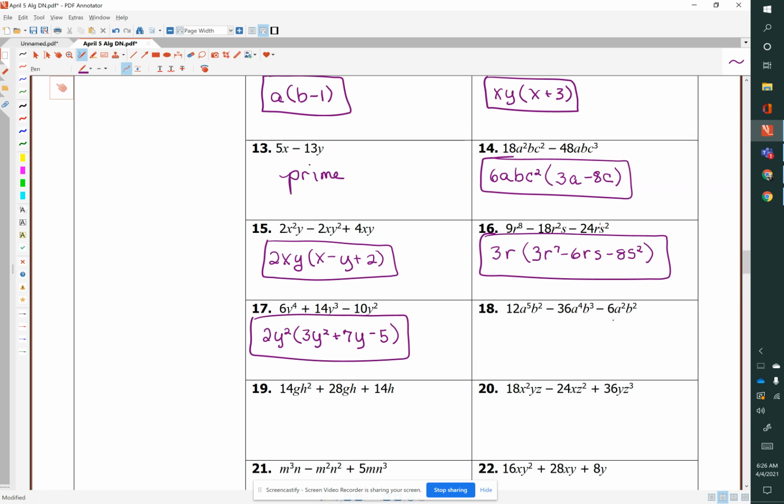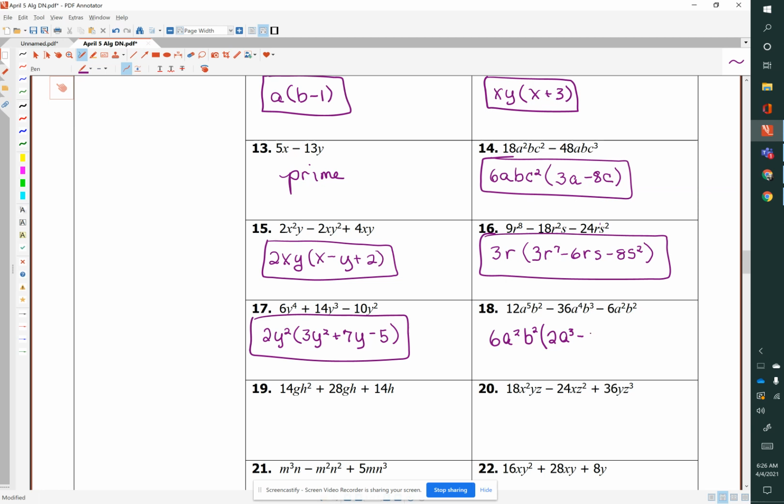So number 18, 12a to the 5th b to the 2nd, minus 36a to the 4th b to the 3rd, minus 6a to the 2nd b to the 2nd. So we can factor out certainly a 6, a squared, and a b squared. So 12 divided by 6 is 2. That leaves a to the 3rd, and the b's have been factored out.